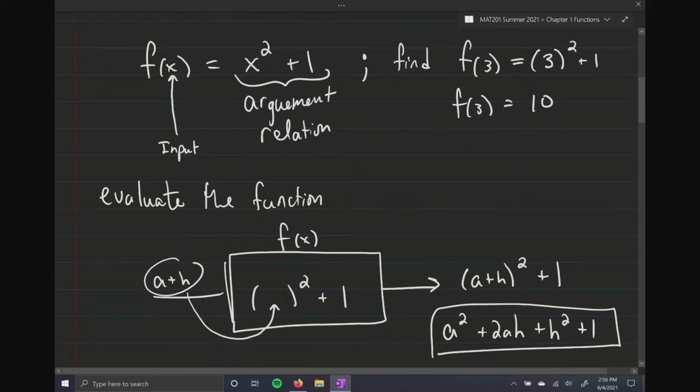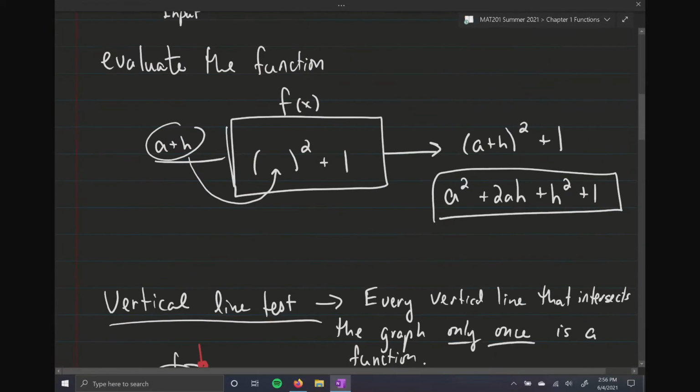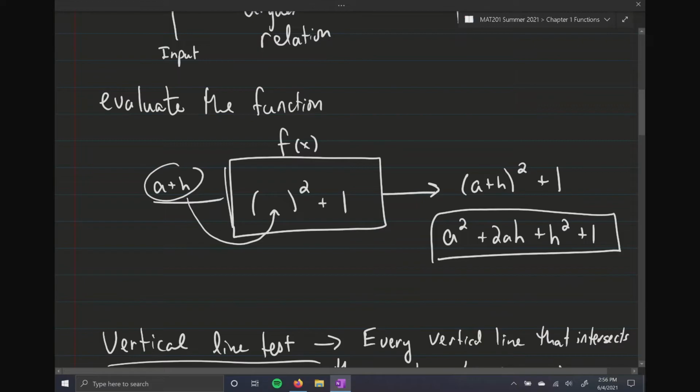We learned about the argument relation, which is the function itself. We learned how to evaluate functions. Be really careful, especially with a situation like this. A lot of students, when they see the quantity of a plus h squared plus 1, for some reason, write a squared plus h squared plus 1, and that is definitely incorrect. So please don't make that mistake.